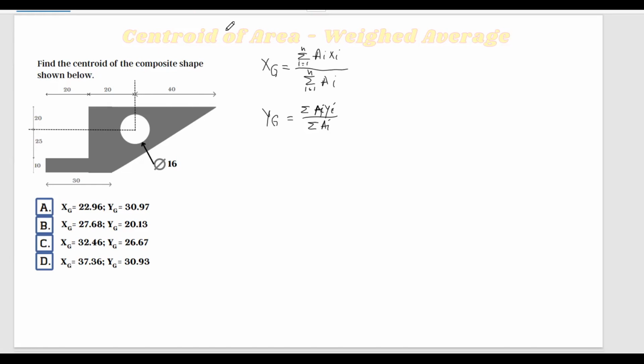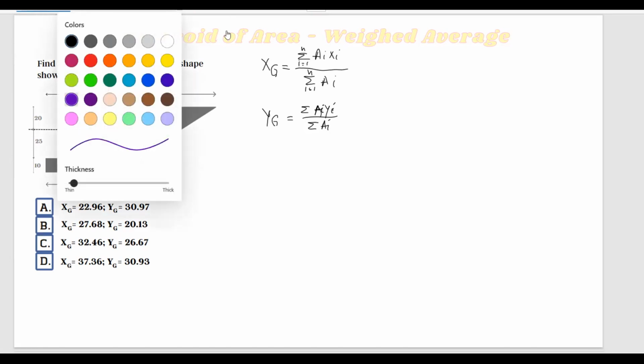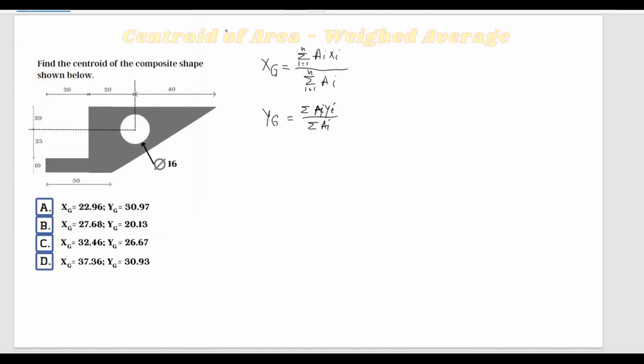In order to calculate that, I will have to separate this shape into different parts. If I take this blue, let's say this is shape number 1. This is shape number 2. Then we have 3 as the space here, the circle, and 4 is this big triangle.